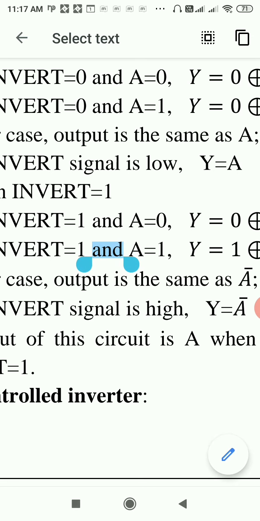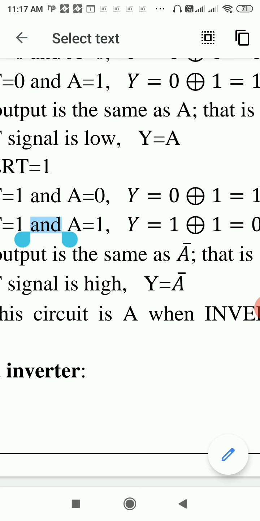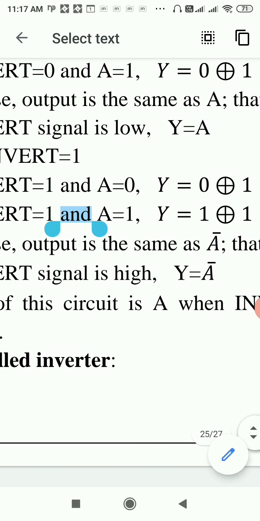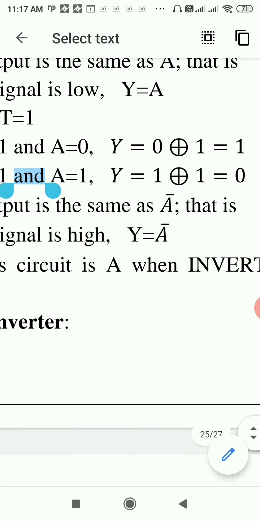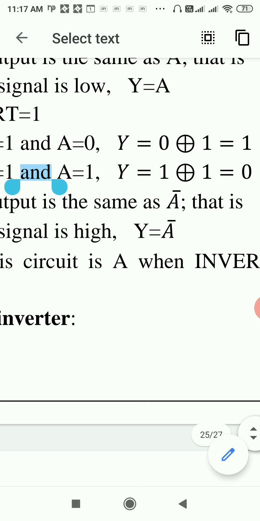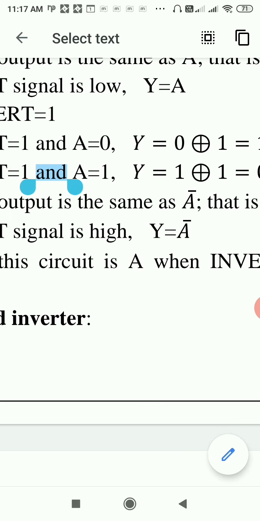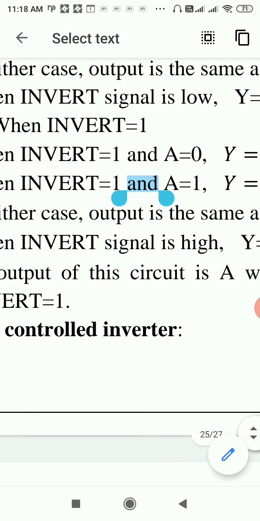And when invert is 1 and input A is 1, output of XOR gate Y equal to 1 XOR 1, that is 0. So we see that when invert is 1, output Y will be complement of A, that is A bar. So Y equal to A bar when invert is 1.